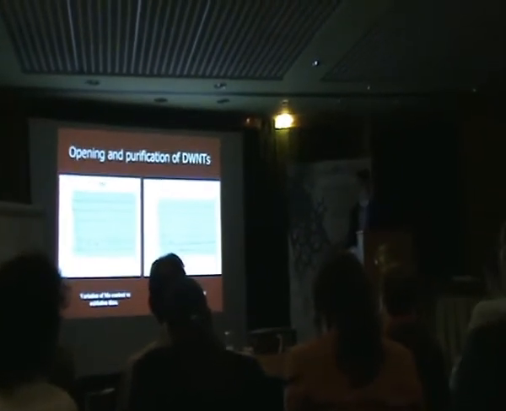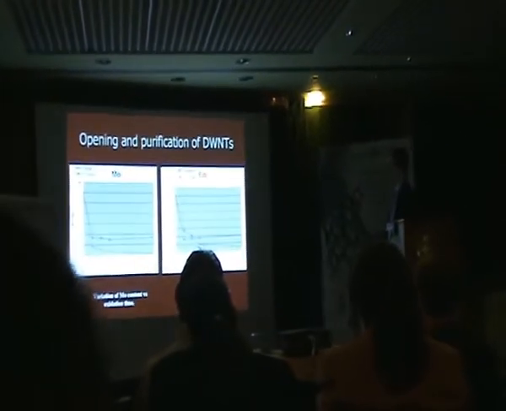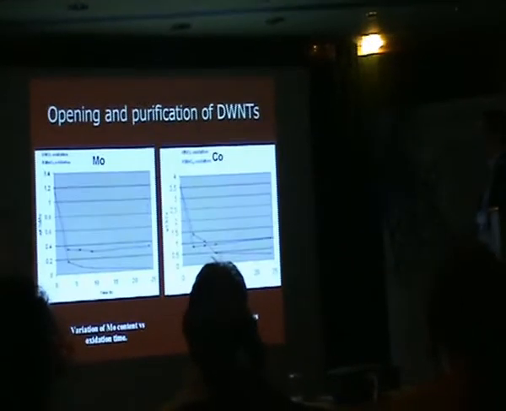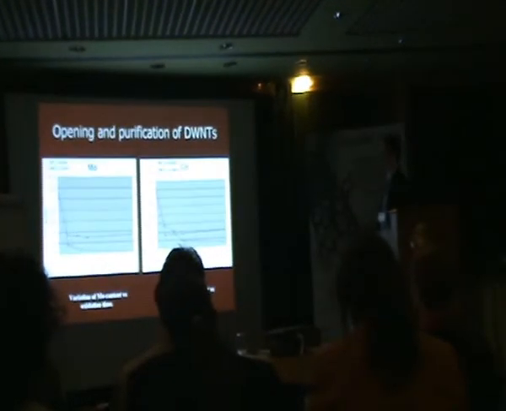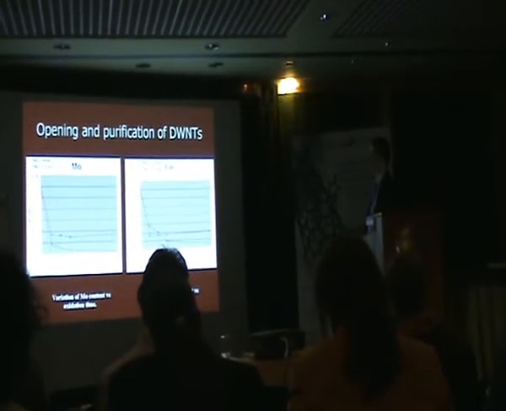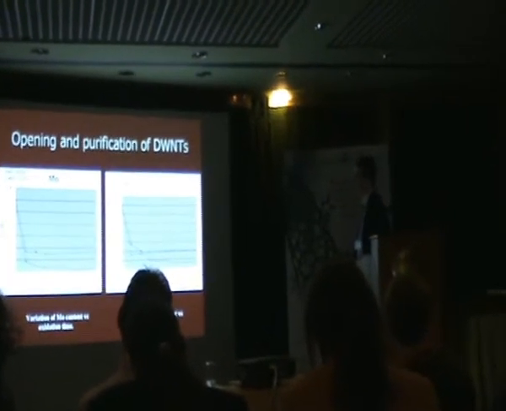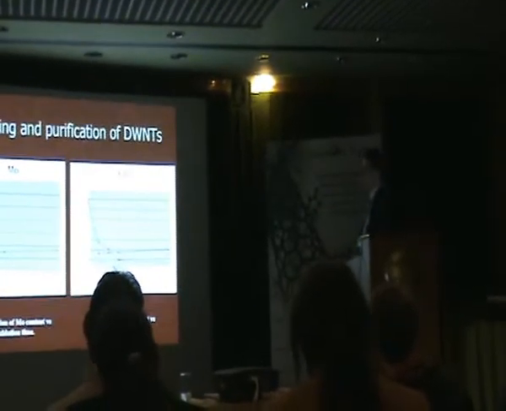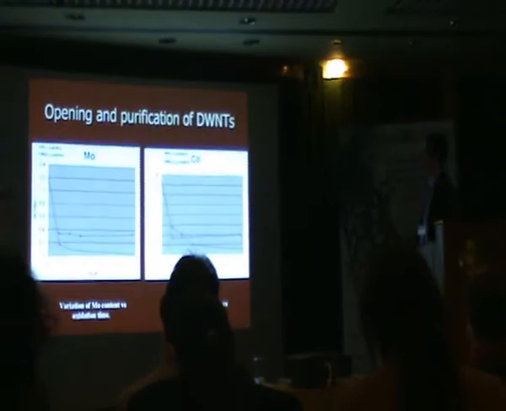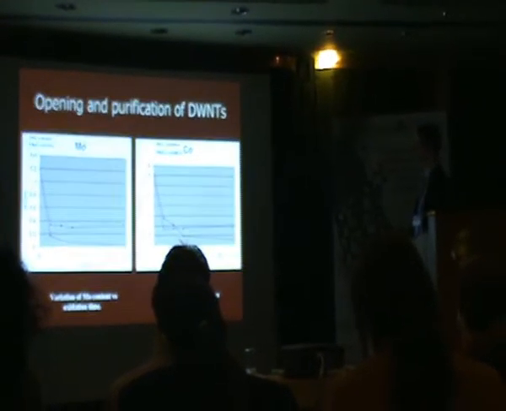Also, we have results for molybdenum and cobalt quantity in our samples after oxidation. For molybdenum, we can say that oxidation with 3 molar nitric acid for different times is more efficient than oxidation with permanganate for the same hours.